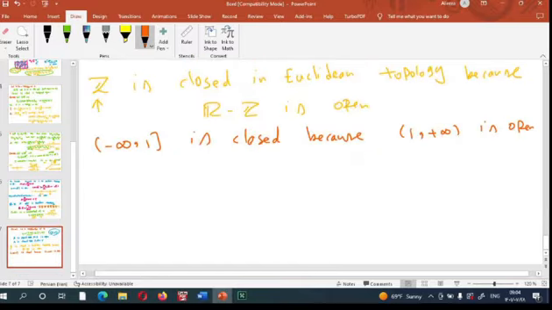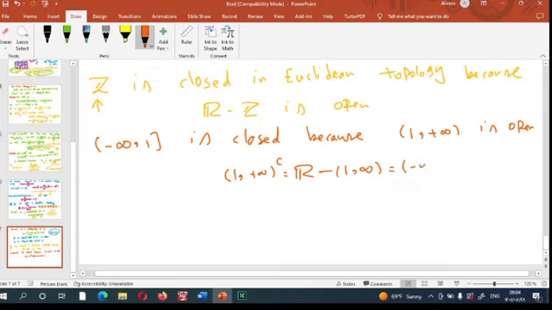Since this is open, its complement is closed, but the complement of this set, or R minus this set, equals this set.